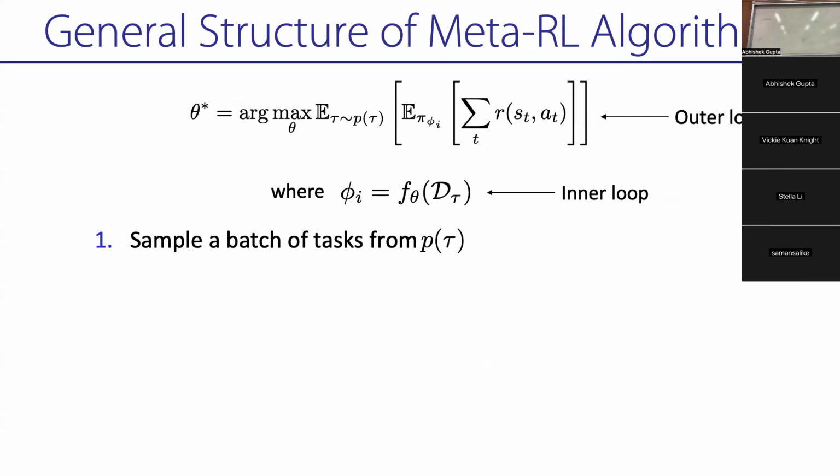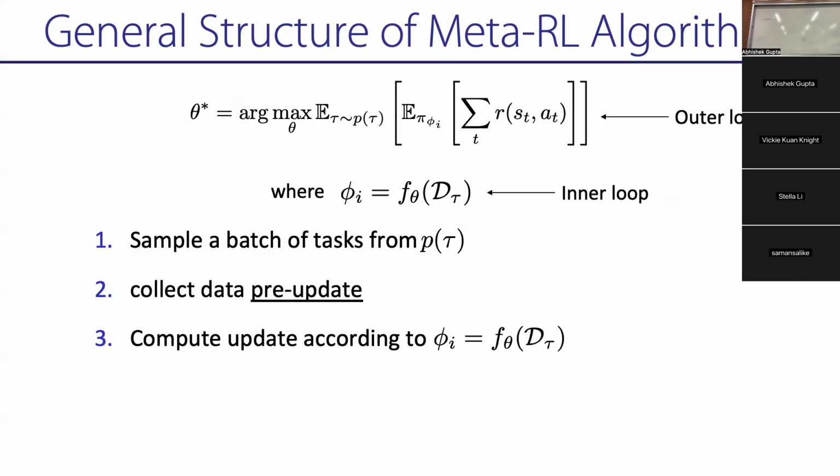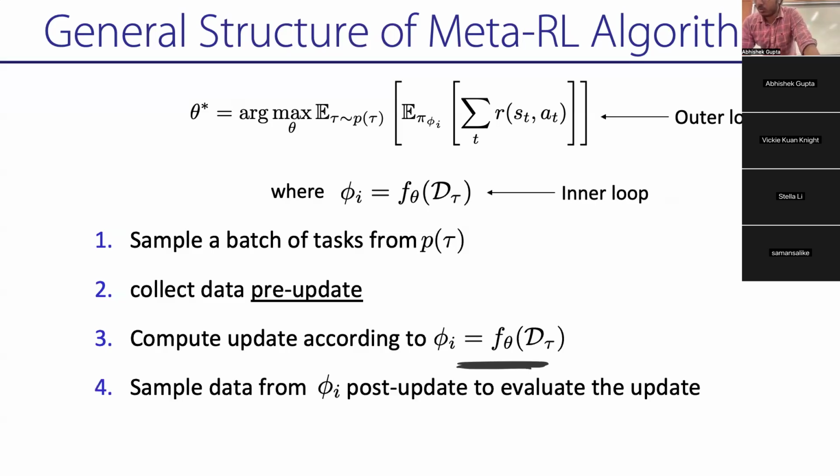Generally, you start by sampling a batch of tasks from p tau. Then you collect some data before an update, right? So you start from phi naught, you collect some data. Then you compute an update according to f theta. Let's say you started from phi naught, collected some data, and ran this through f theta.